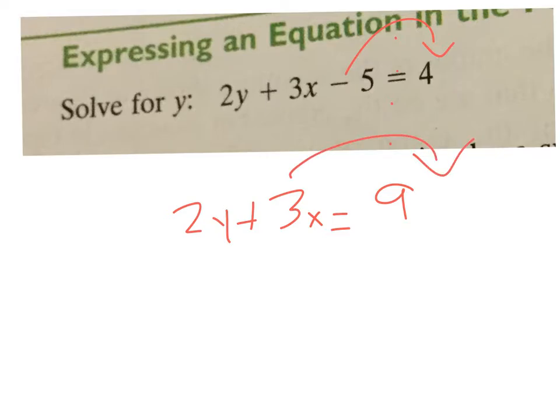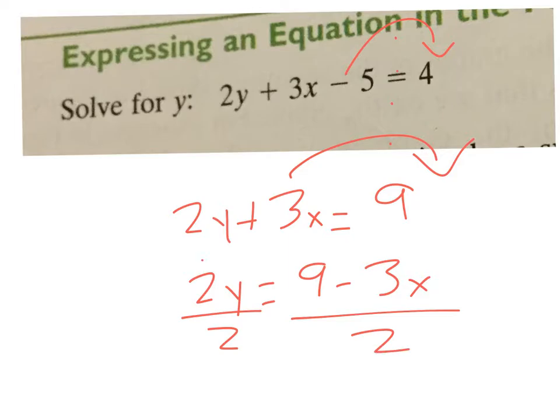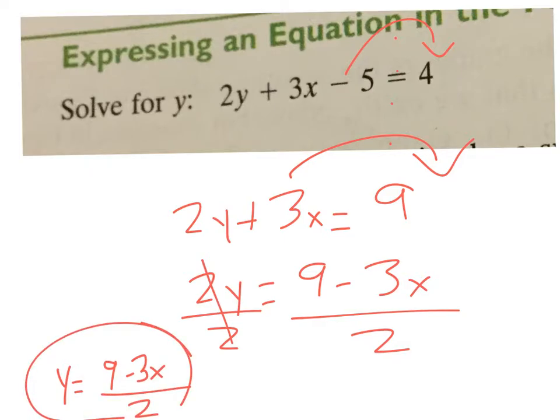Move the 3x over or subtract it, whatever. That's 2y equals 9 minus 3x. So that gives us y equals 9 minus 3x all over 2. It's amazing how my 7th grade things that I kept harping on are back.